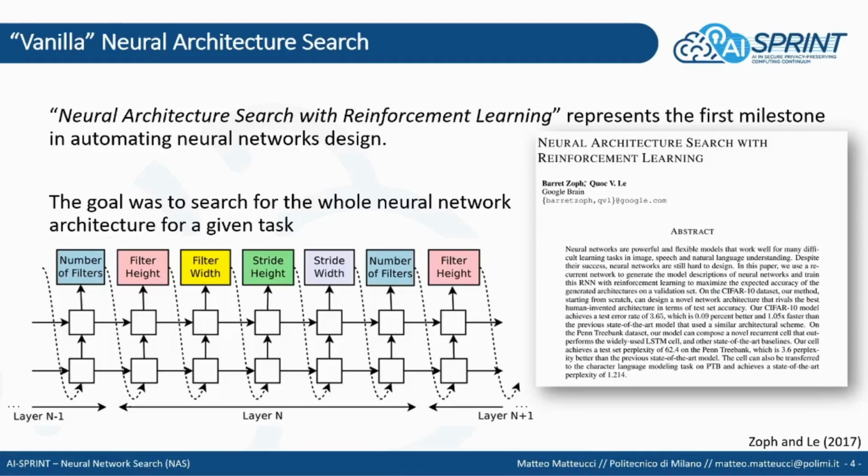And to do that, they decided to structure the search space as a set of multi-layer networks. Each of these layers was defined in terms of number of filters, filter height, filter width, stride height, stride width, and number of filters again. So you see that the network is a concatenation of layers, all of them having the same shape.